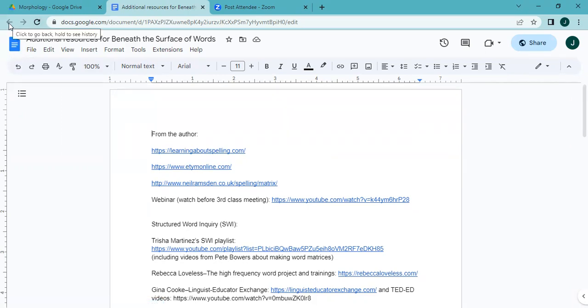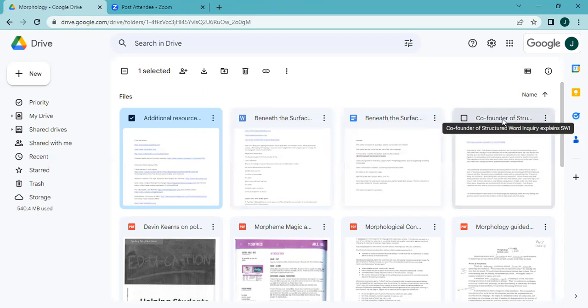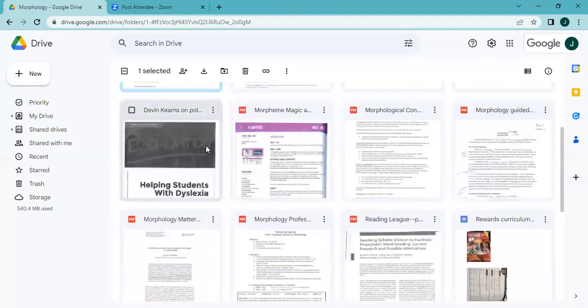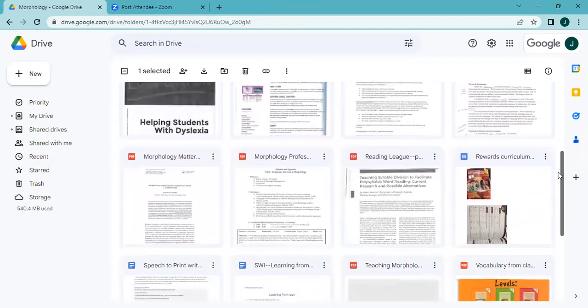Let's see here. Then these are our notes from last session and from this session. And this co-founder of Structured Word Inquiry explains SWI. We're going to do that. I'm going to show that video in a moment, after I show this video. And then I just have some guided notes from my class from the dyslexia program.